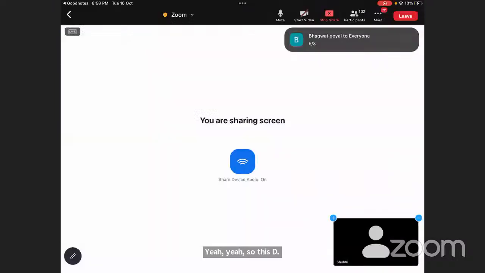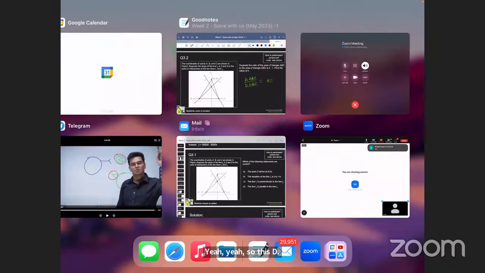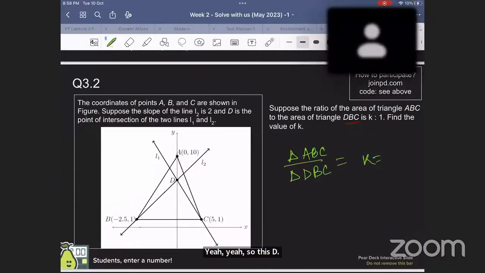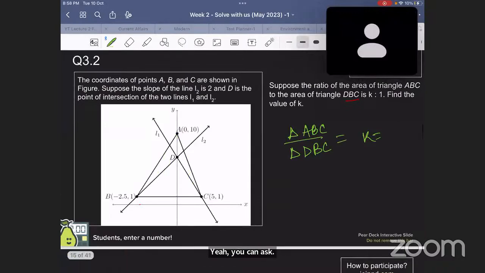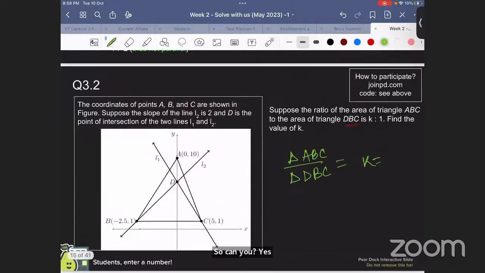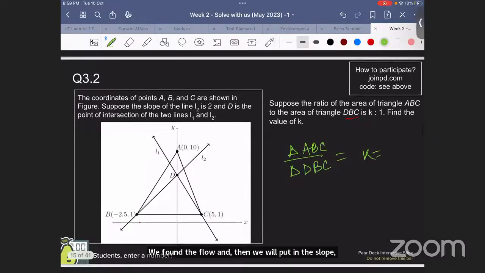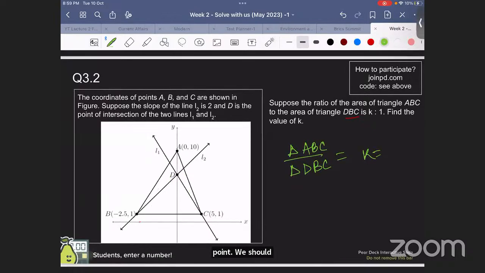Can I ask a question in between? Yeah, you can ask. I was facing this doubt while solving the problem. Let's say we find D to be 0,6. Can we calculate the slope, m equals y2 minus y1 over x2 minus x1, and then put it in the point-slope equation, y minus y1 equals m times x minus x1, to find the equation?